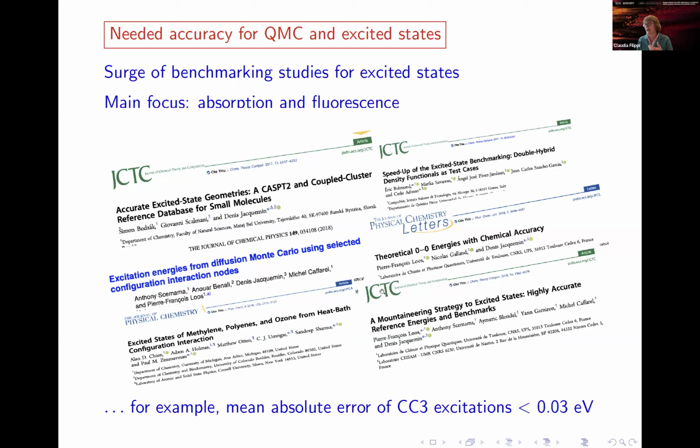For instance, for excitations of predominantly single nature, just one electron and not doubles and more, CC3 is quite accurate, with a mean absolute error of less than 0.03 eV. This is the kind of accuracy we would like to have.